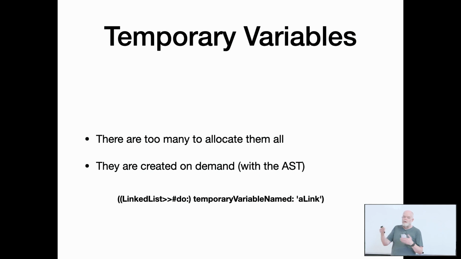So when a tool wants to do something with the AST, at that point it has all these variables instantiated, and as soon as the AST is not needed anymore, they are all garbage collected. But we have some API on CompiledMethod, so we can, for example, ask for a temporaryVariableNamed: on any compiled method, and it will return you an instance of that variable, created at that point, so that you can do something with it.